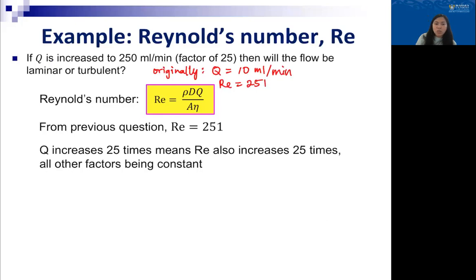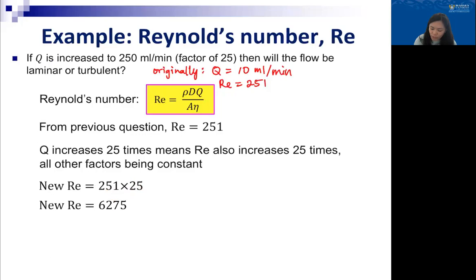Q increases 25 times. Notice how Q is directly proportional to the Reynolds number, right? So if Q is doubled, the Reynolds number should also double. In this case, Q is 25 times bigger than before, so the Reynolds number should be 25 times bigger than before. So turbulent, good.